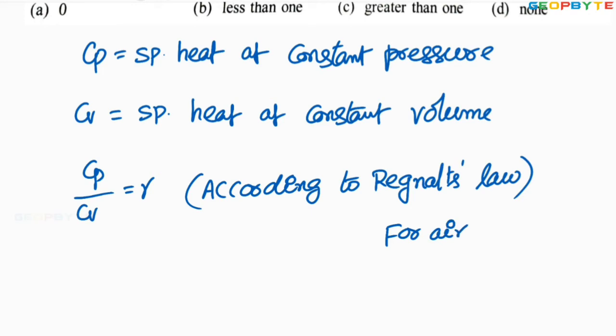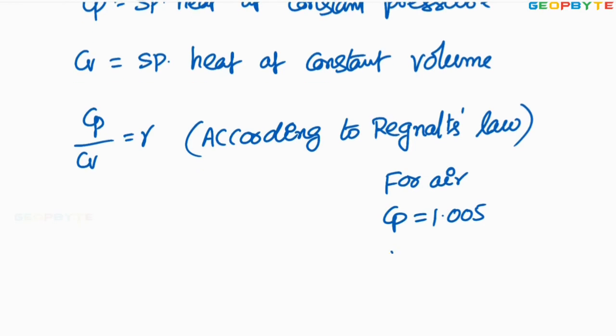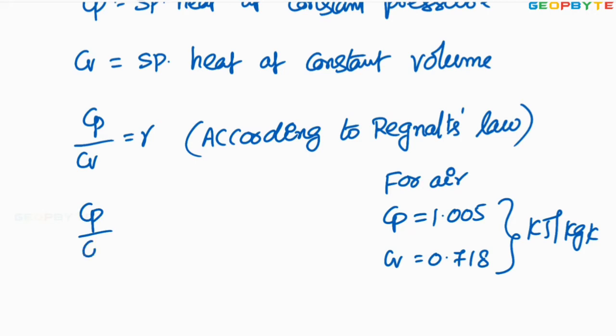For air, Cp equal to 1.005 and Cv equal to 0.718, both in kilojoules per kg Kelvin. Therefore, Cp by Cv equal to 1.005 divided by 0.718. It is approximately 1.4. It is equal to gamma.